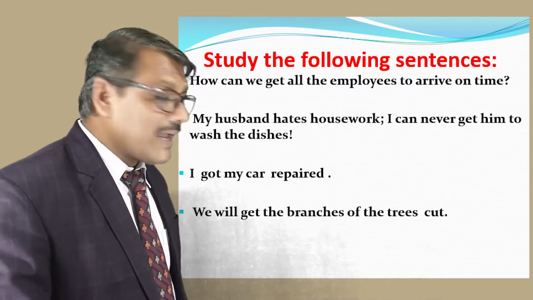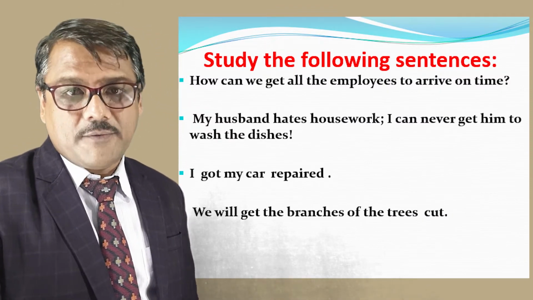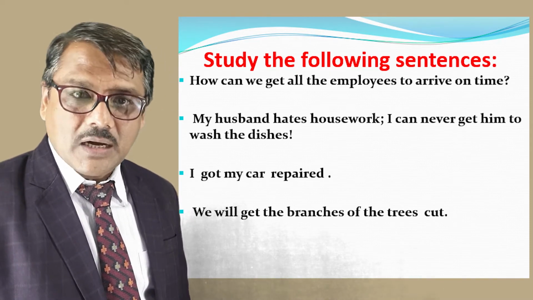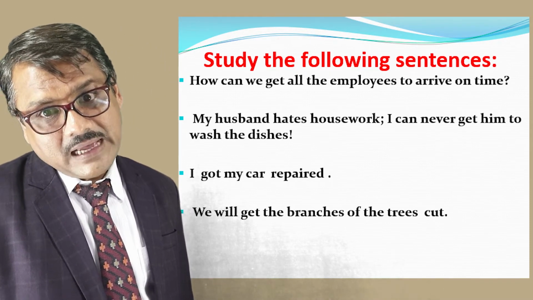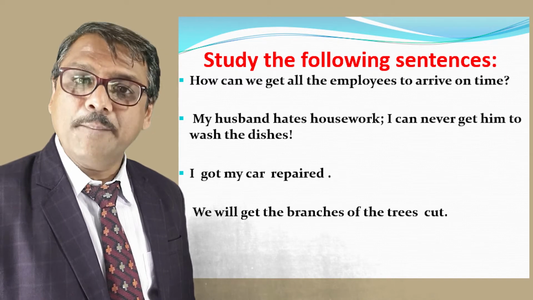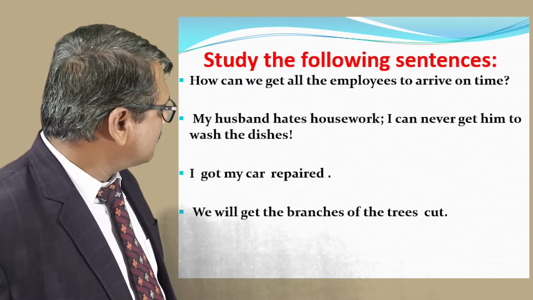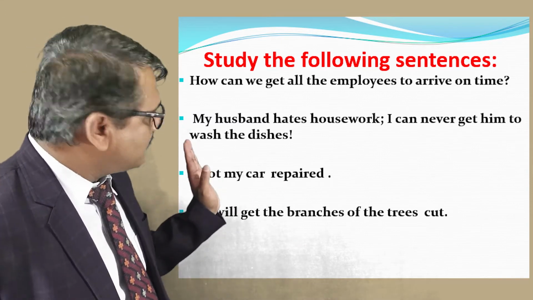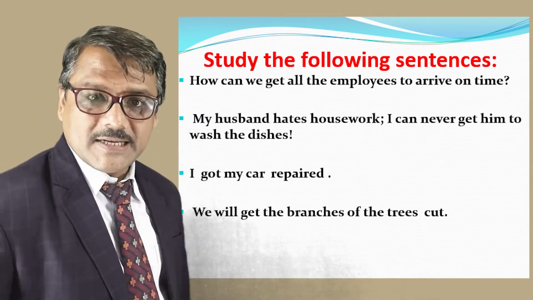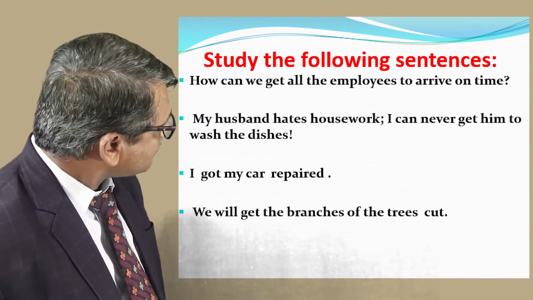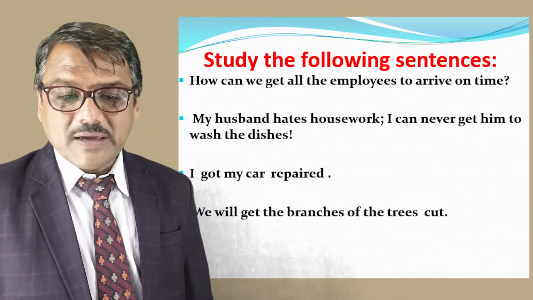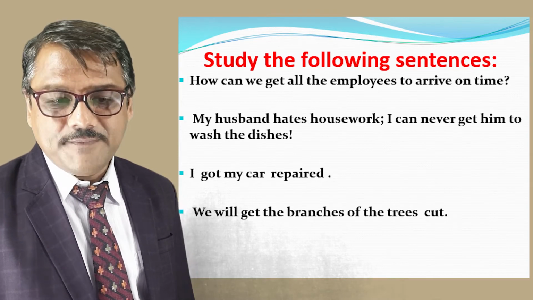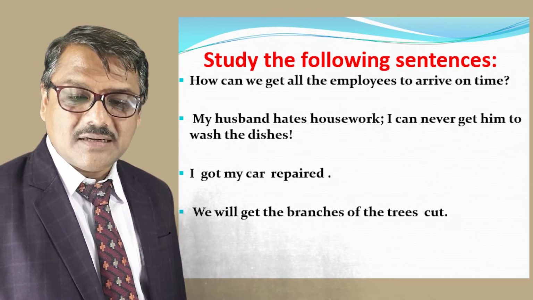Now we have finished the use of let, help, and make as well. Now we are going to start a new one. Before starting, look at these sentences and study them. The first sentence: how can we get all the employees to arrive on time? My husband hates housework.